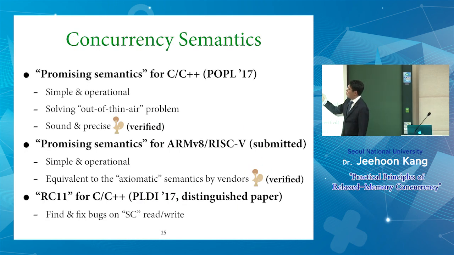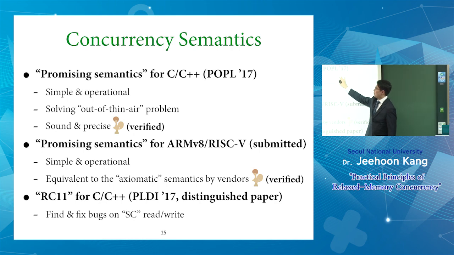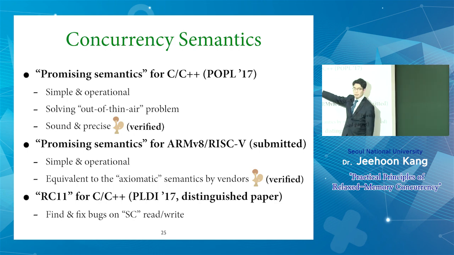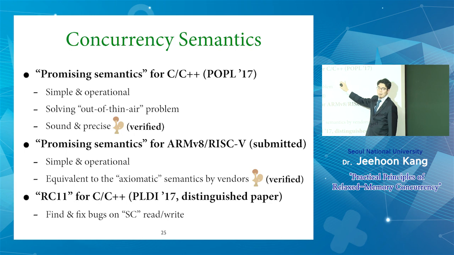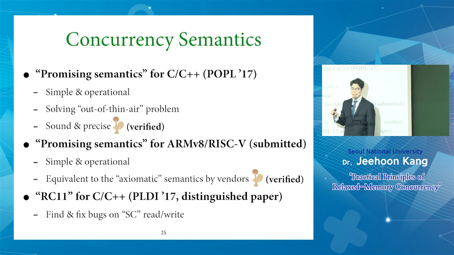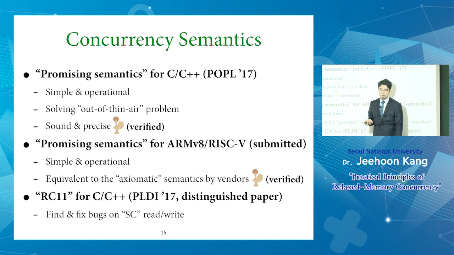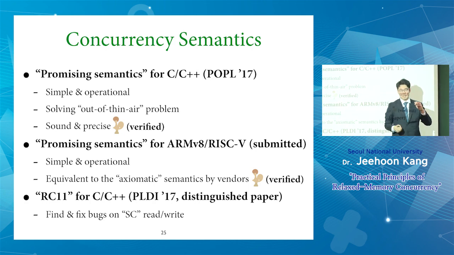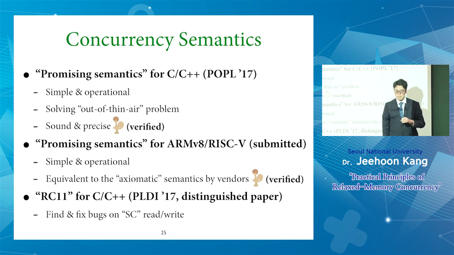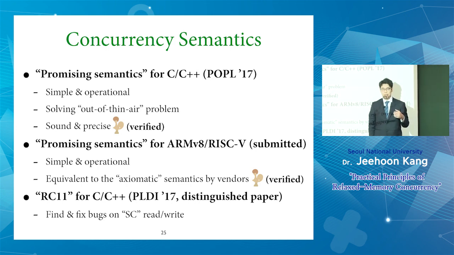We first proposed the promising semantics for C and C++, which is simple and operational, as opposed to the axiomatic style semantics of the C11 model, and solves the out-of-thin-air problem I just described. Also, we prove a few theorems that its meaning is sound and precise. For example, the compilation from the C model to the ARM or RISC-V model is sound, and some compiler optimizations are sound. So this is basically saying that this is a complete abstraction of the relaxed behaviors.